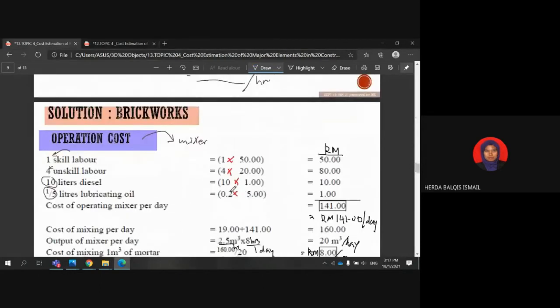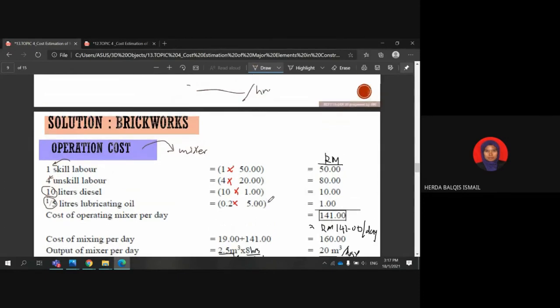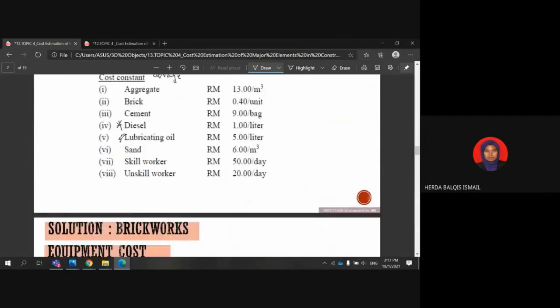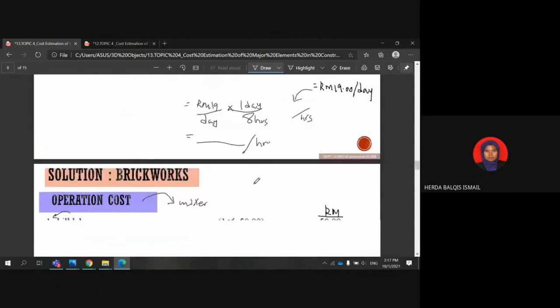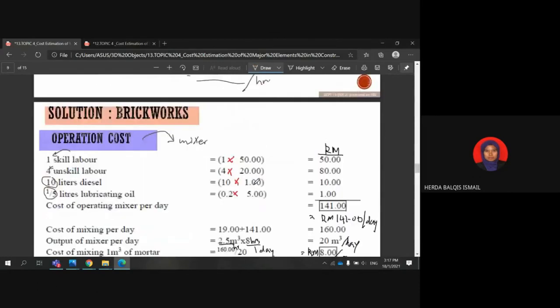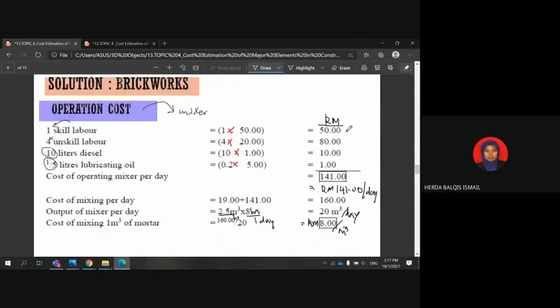Right here, given the price of the diesel is 1 ringgit and the price of the lubricating oil is 5 ringgit per liter. You can check this from the pricing given. So if you total up the cost, you get 141 ringgit per day.